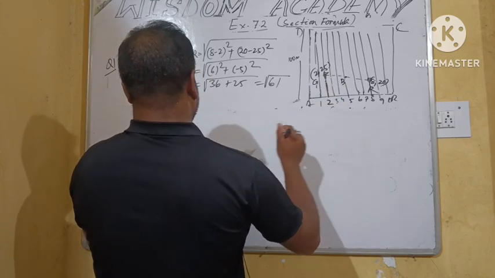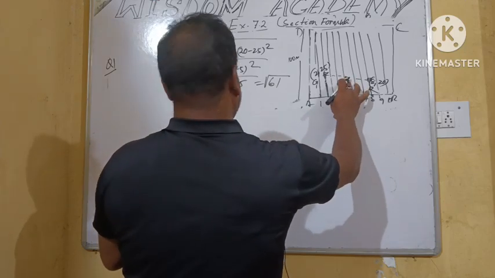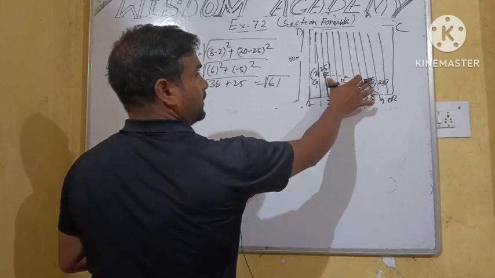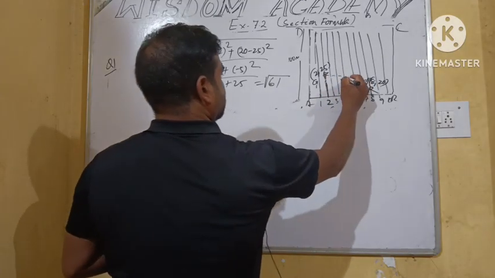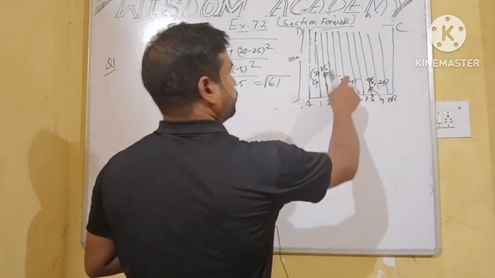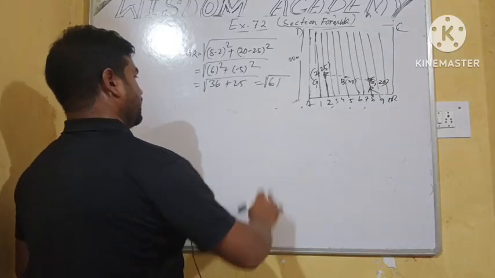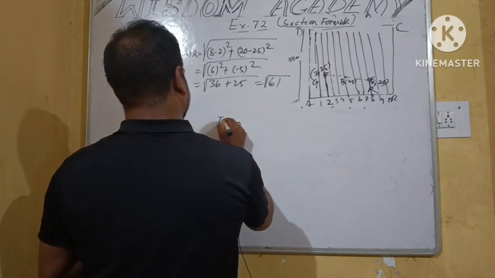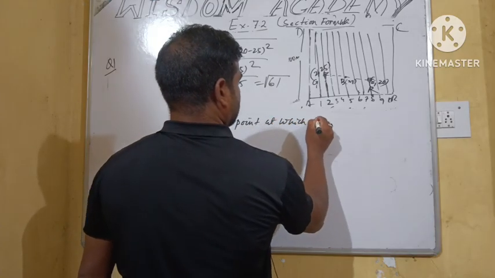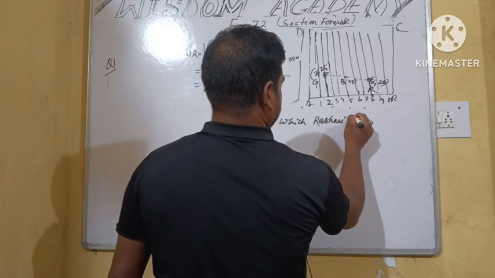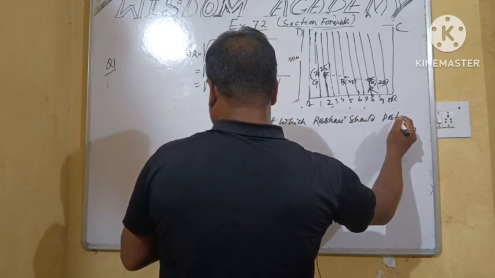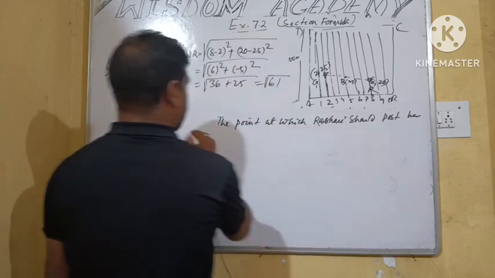We have to find the point at which Rashmi should post her blue flag, which is the exact midpoint between the two flags. Suppose (x, y) is the midpoint where Rashmi should post the blue flag.